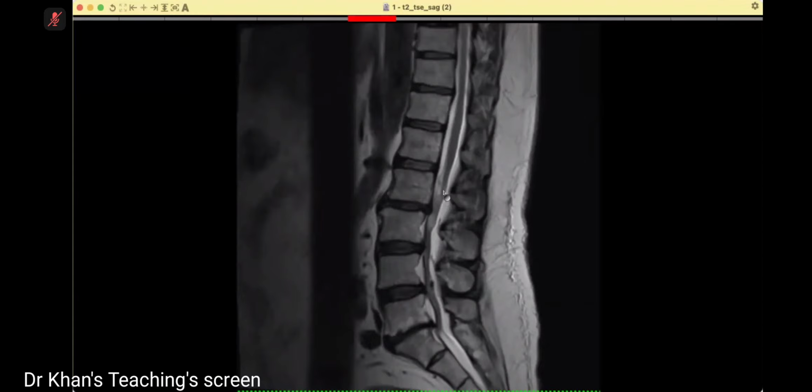Sir, this is the conus, and then the nerve roots I cannot appreciate. Are the nerve roots normal? No, sir, they are not. And what is abnormal in them?